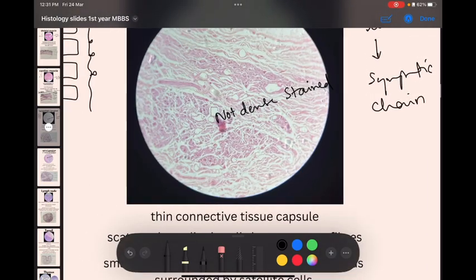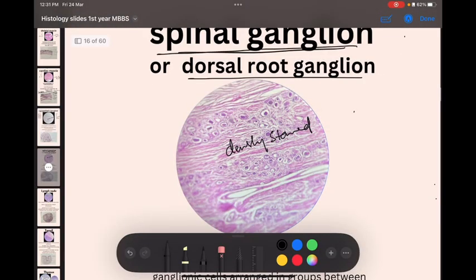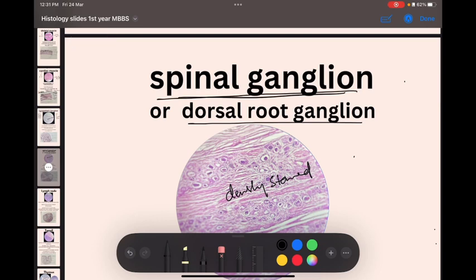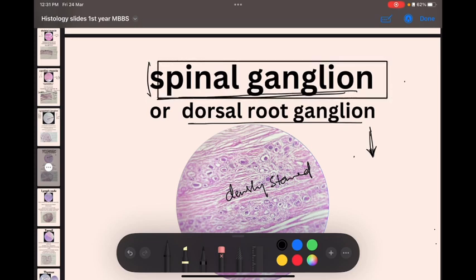Coming to the spinal ganglion, where is it present? As the name suggests, this is the spinal cord. These are the spinal nerves, the dorsal and ventral. So this will be your dorsal root and this will be your ventral root.